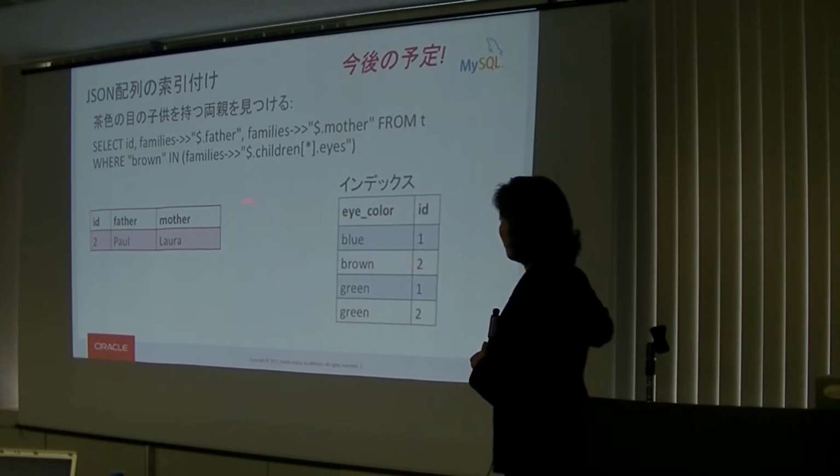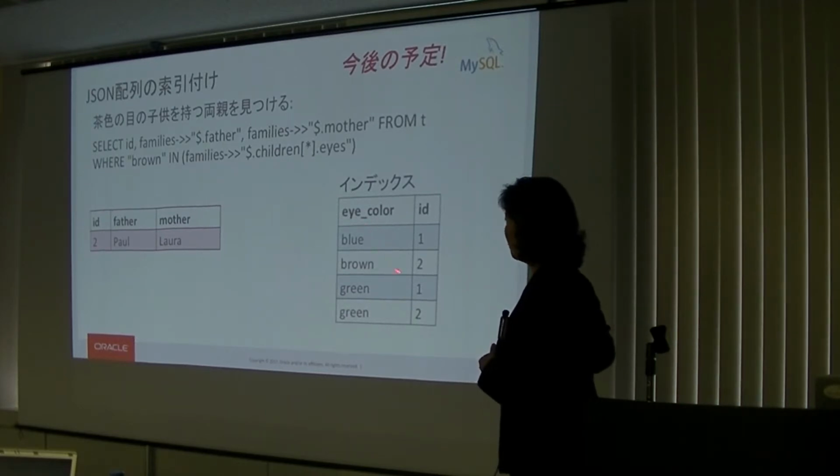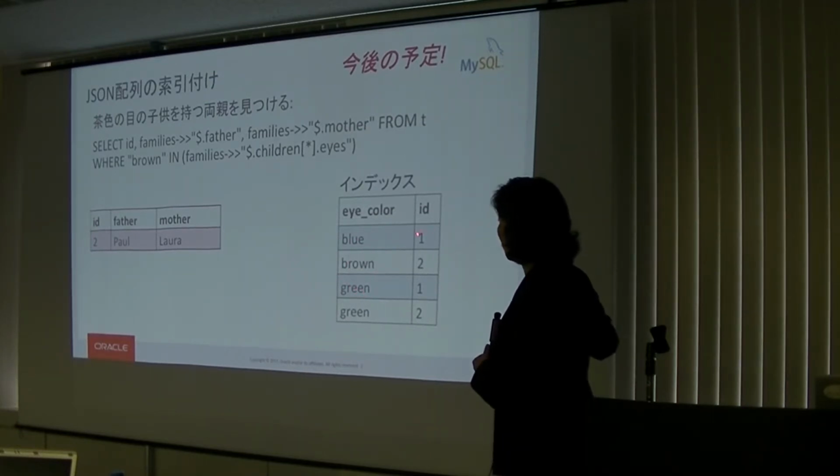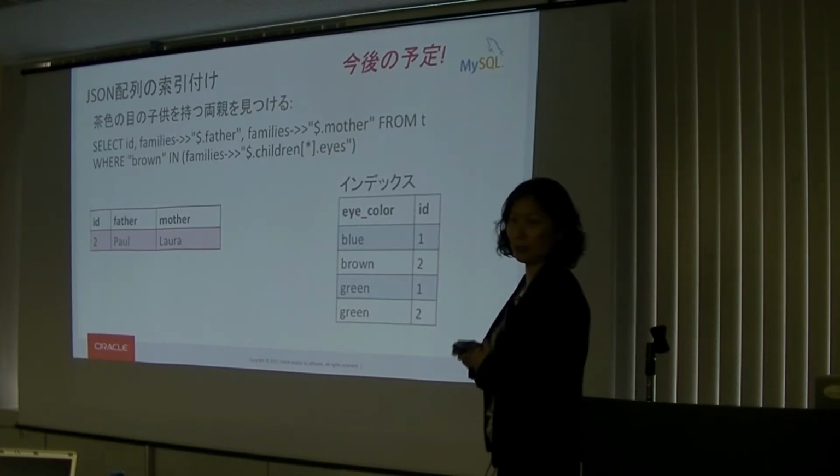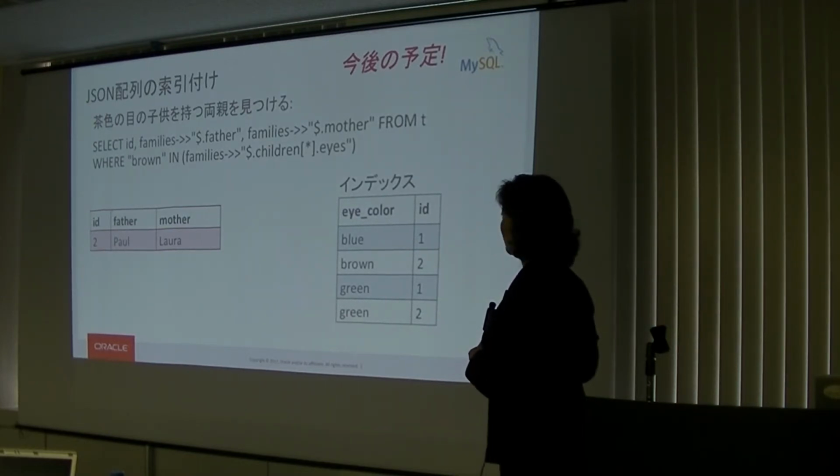I look up 2 in the base table, and this will list 2, Paul and Laura. This index is different from the other indexes we have because multiple records in the index, like blue and green, can point to the same record in the table. And that is special for this index.